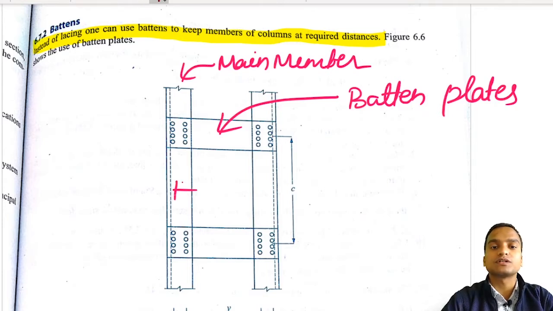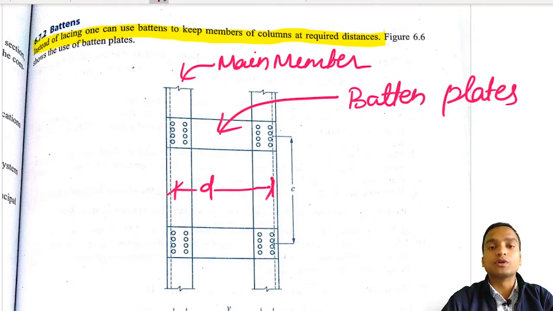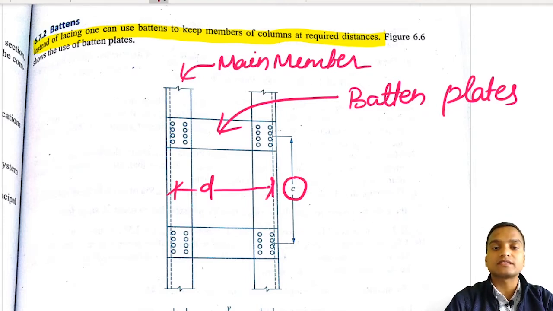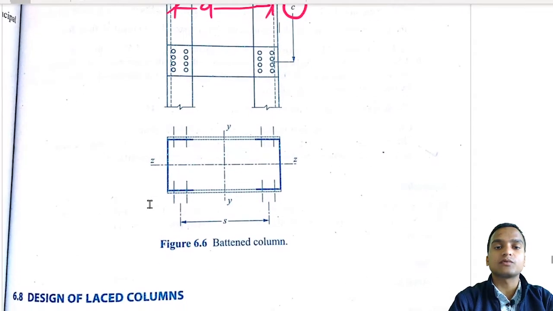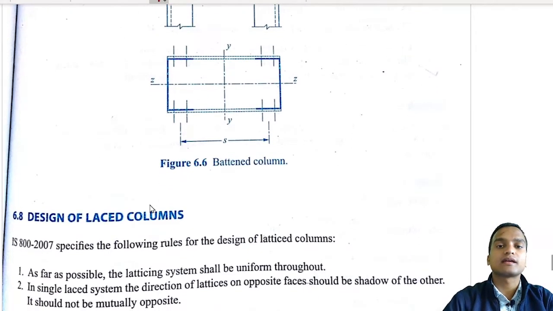They are bolted or riveted or welded at a specified distance C here. You can see the cross sectional diagram also for the battened columns, with channel sections kept face to face, and the battens shown with dotted lines.